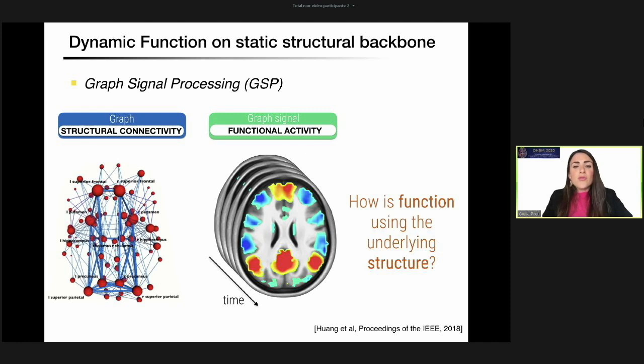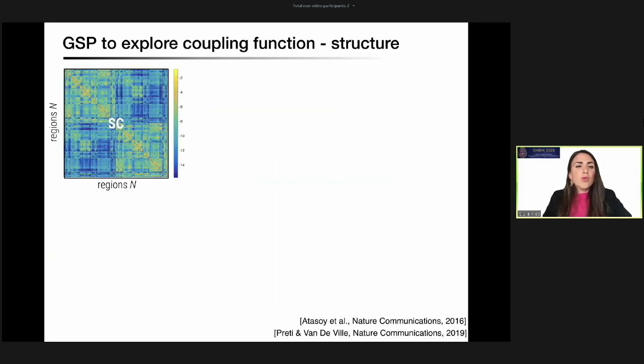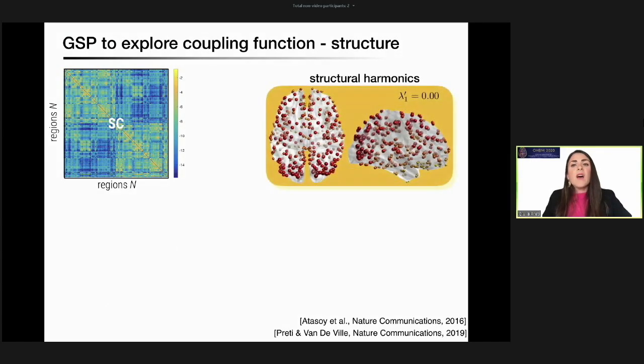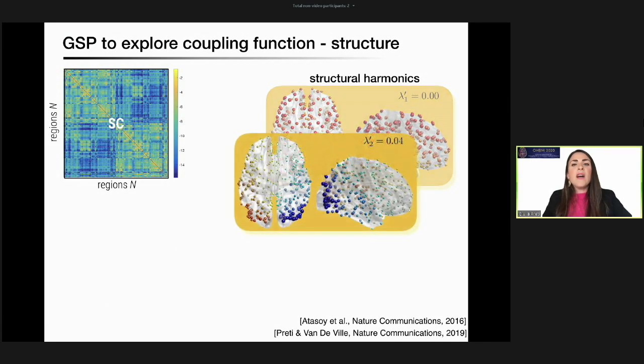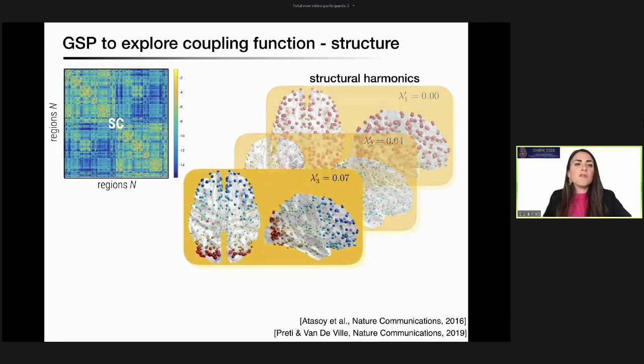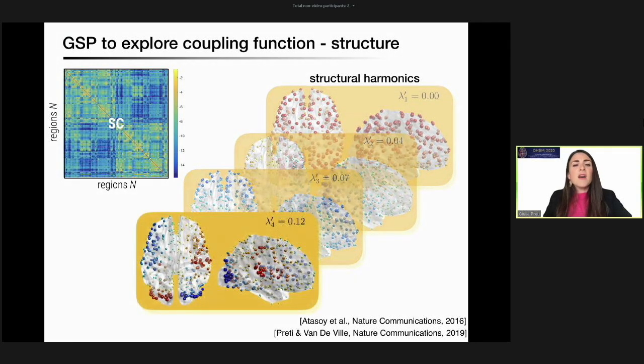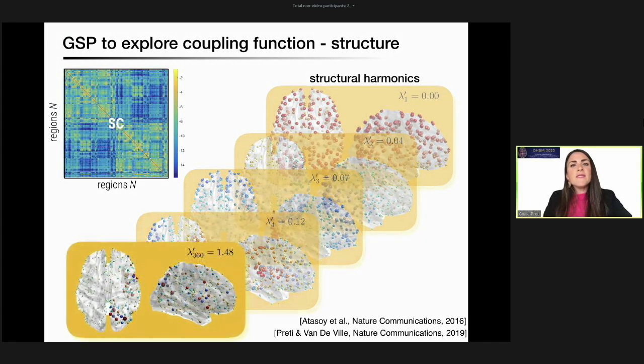In order to address this question, the first thing that we could do is decompose the structural connectome into its structural harmonics, which were introduced by Atasoy in 2016, and which correspond to the eigenvectors of the Laplacian of the structural connectome matrix, and conceptually could be viewed as a structural backbone of the brain.